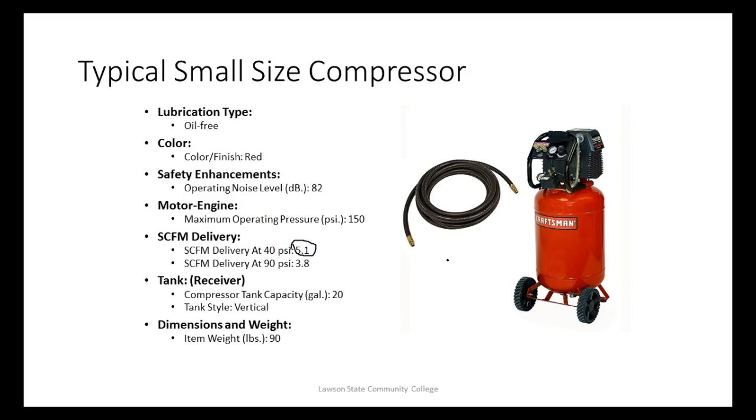Our actuators would move faster at 40 psi, but they wouldn't be able to generate as much force, right? You understand? And they would operate slower at 90 psi, because they would only move at 3.8 cubic feet per minute. Are we okay? Make sense?